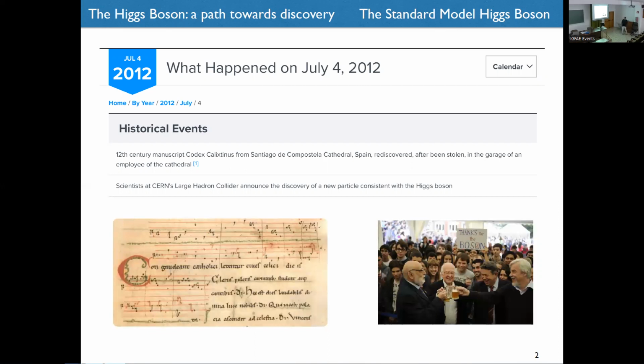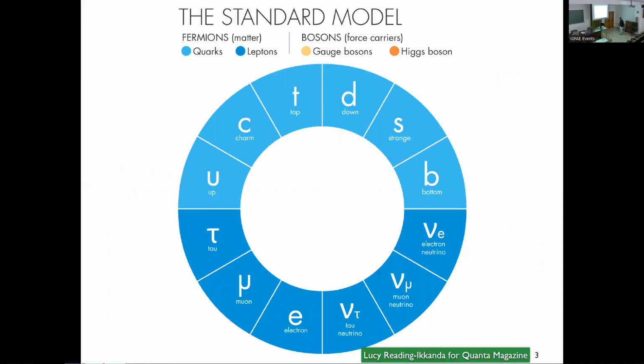So let me start painting a description of the role of the Higgs boson in the standard model. Just to remind you where the Higgs boson fits in the standard model: the standard model is the theory that describes the interaction between the fundamental particles.